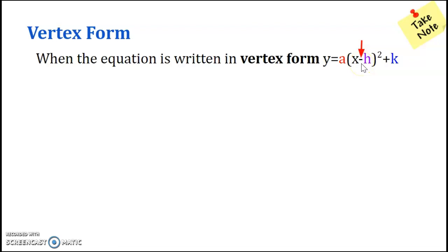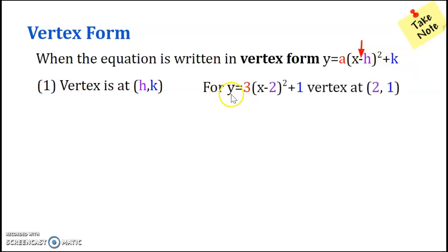Do not forget that there is a negative sign built into the formula, and this is really handy because the vertex is always going to be at (h, k). So whatever the number is in that place, h and k, that's going to be my vertex.